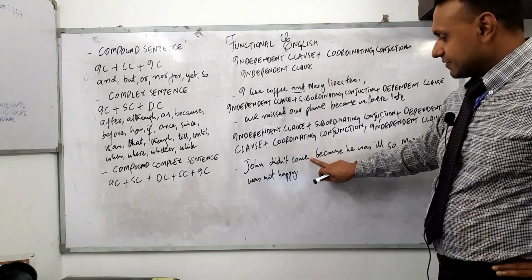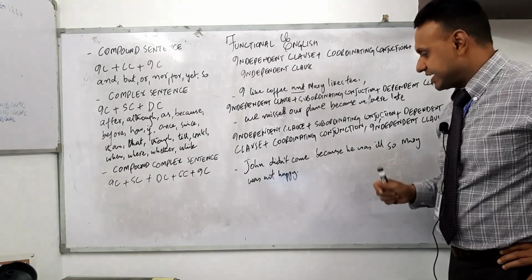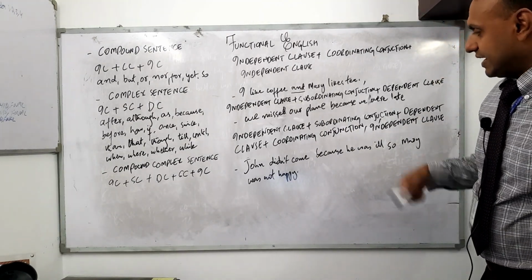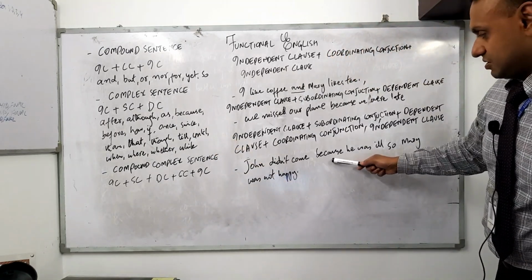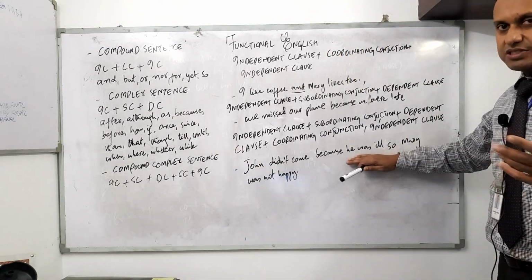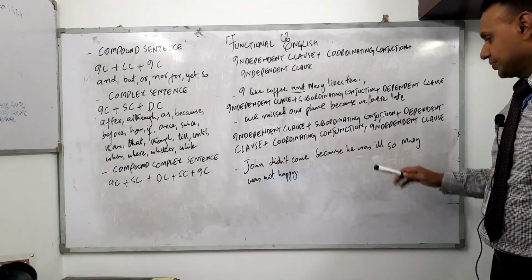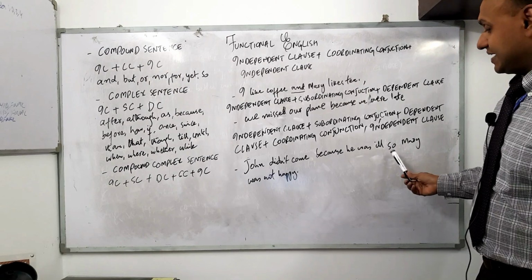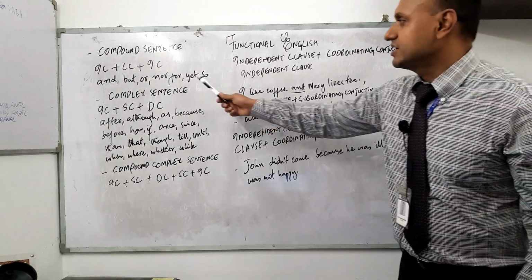If you look at the first part, John didn't come, that's an independent clause. It can stand on its own. Then you go with the subordinating conjunction because, then we have a dependent clause. He was ill does not make sense on its own. Who was ill? Mike was ill, Sally was ill, whoever. And then comes so, and as per the formula, that is a coordinating conjunction.